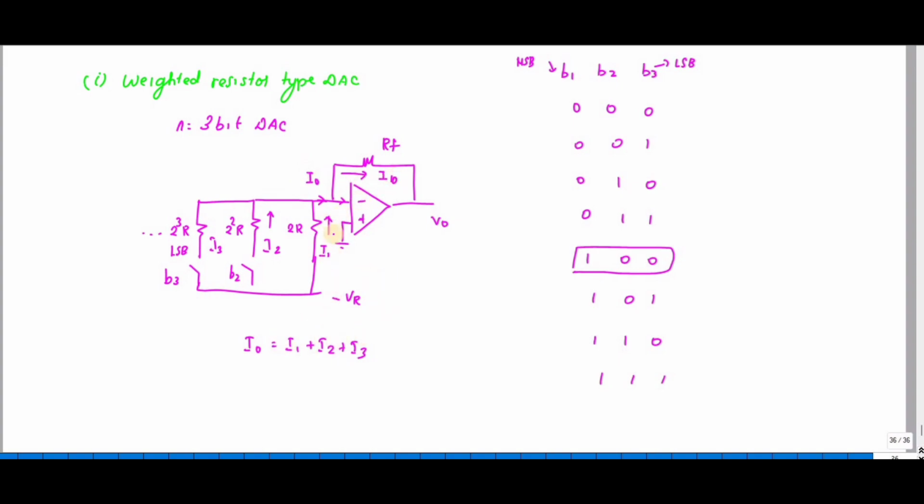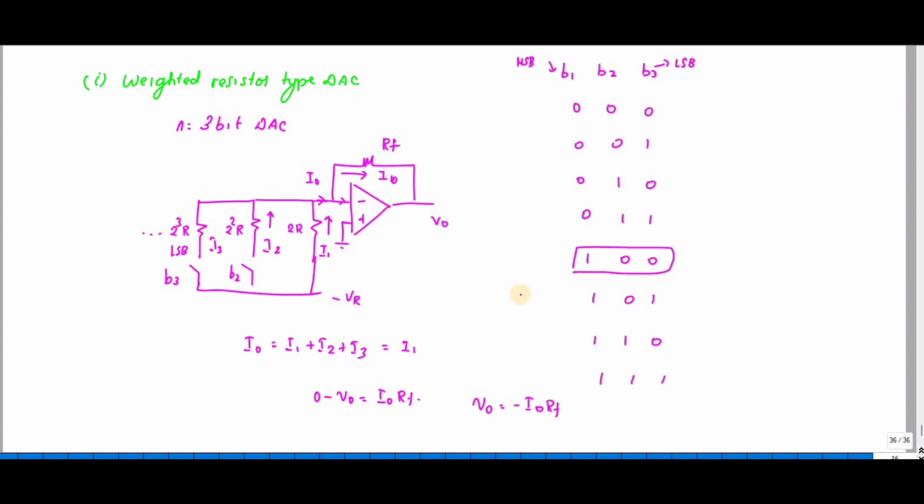This is my I0. The I0 current is nothing but the addition of all these currents. Since the I2 and I3 currents are 0, I can take I0 equal to I1, which is flowing through this. So I can write 0 minus V0 is equal to I0 Rf, that is, V0 is equal to minus I0 Rf.